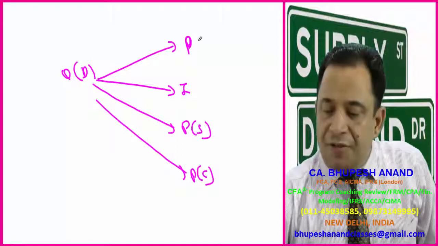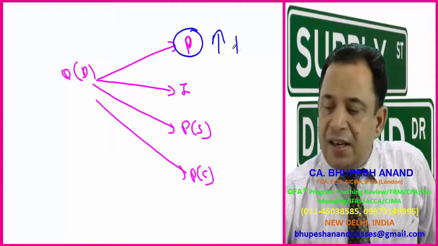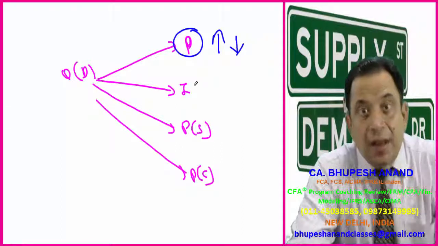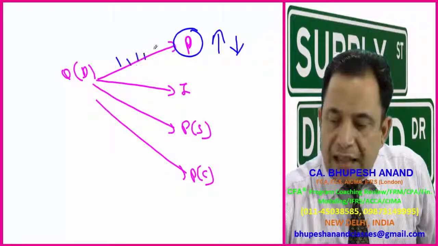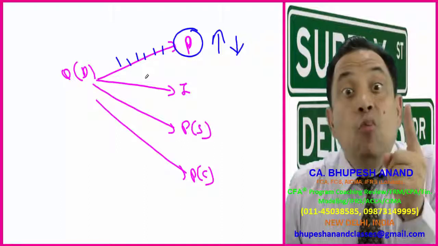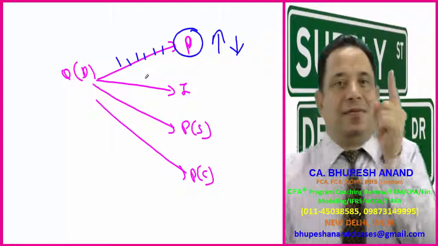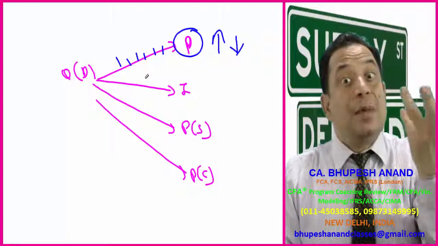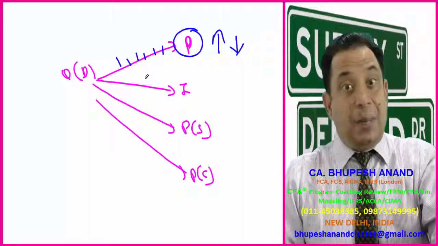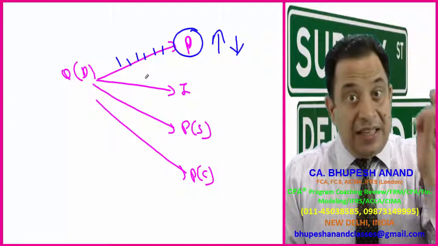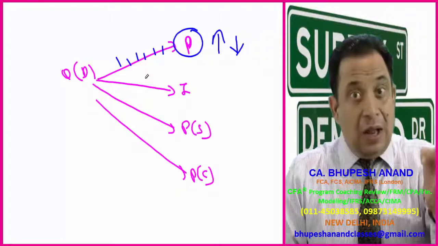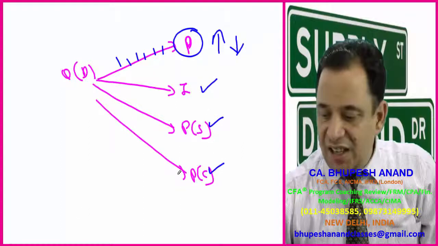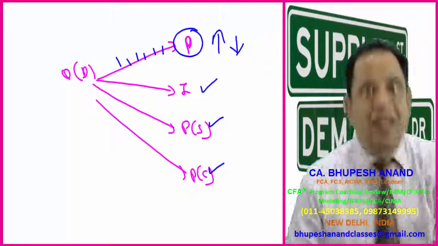Now, if there is a change in price, increase or decrease, and due to that the quantity demanded changes, I will show in the practical that this is movement in the demand curve. But if there is a change in any variable other than price, I repeat, a change in a variable other than price, then that change is named a shift.